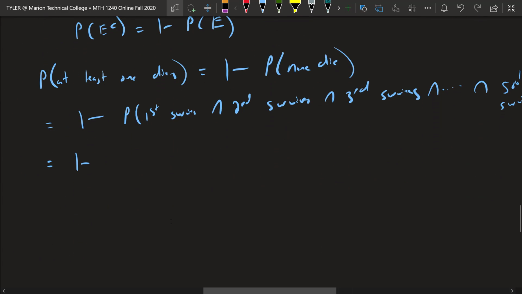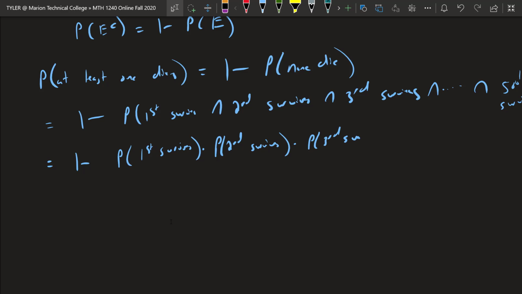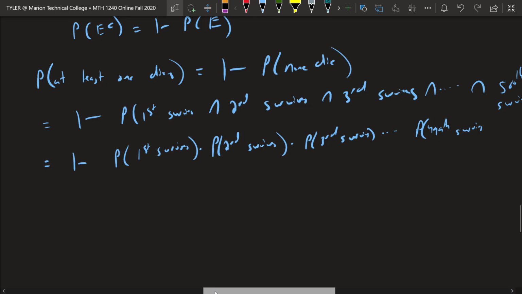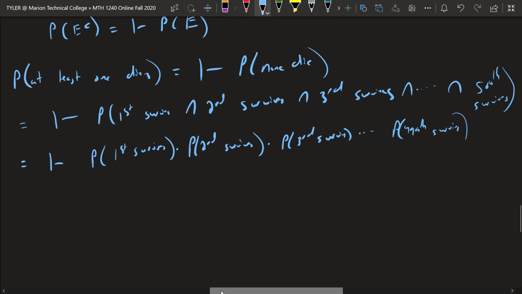So this would equal 1 minus the probability that the first survives, times the probability that the second survives, times the probability that the third survives, dot dot dot, times the probability that the 499th person survives, times the probability that the 500th person survives.